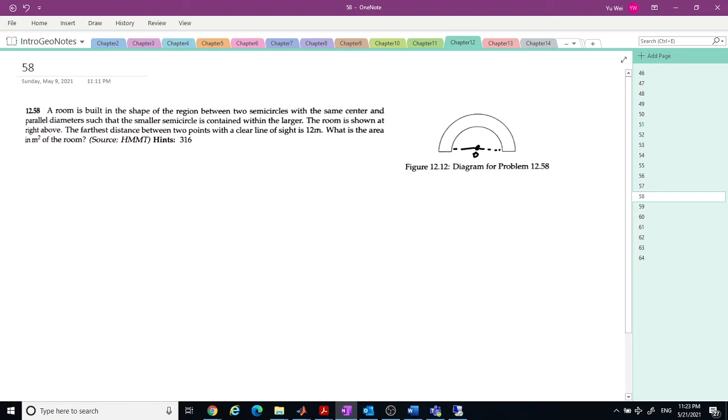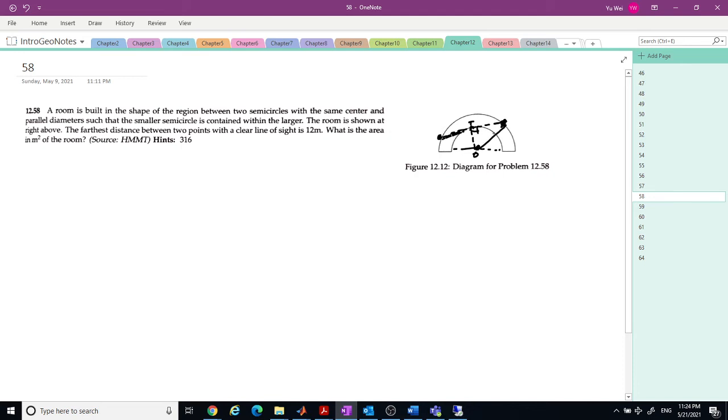The region shown in the right above. The furthest distance between 2 points with a clear line. The furthest point must be somewhere from here and tangent to the small one, right? Tangent to the small one, and to make it as long as possible. So that's why this is the touch point. You know the touch point is 90 degrees, right?